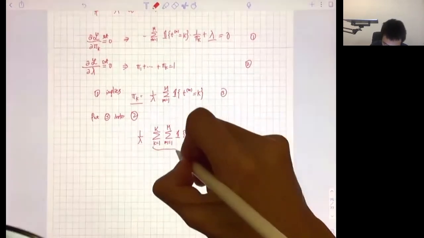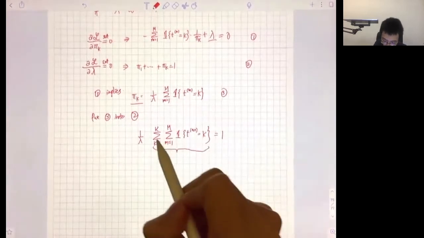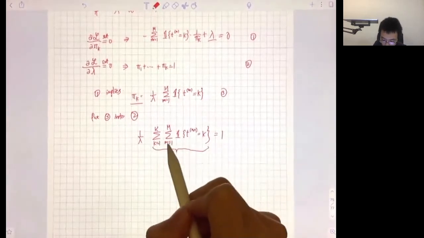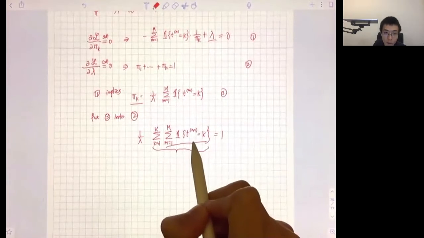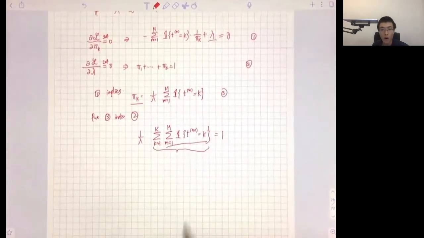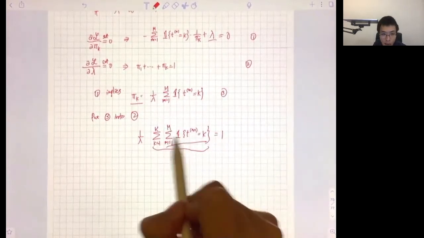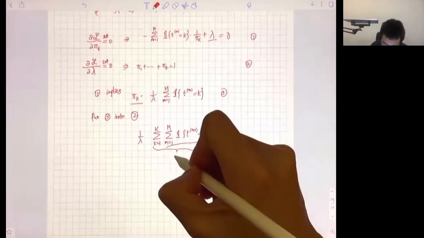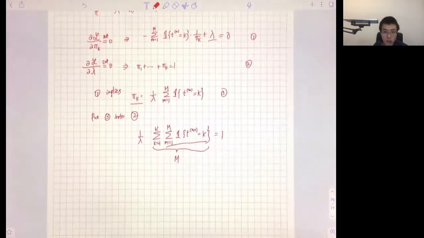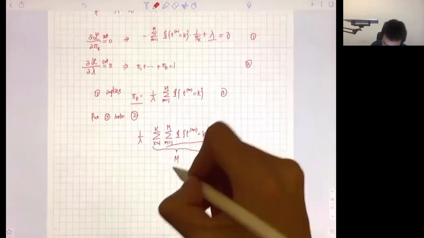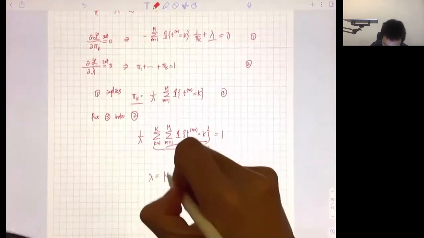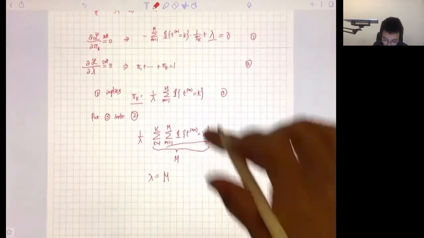What is this term? For different k's, you count how many samples are in that k. For every sample, it must be one of the categories. So this just gives me the number of data samples, capital N. So this shows that lambda is capital N, the number of samples.